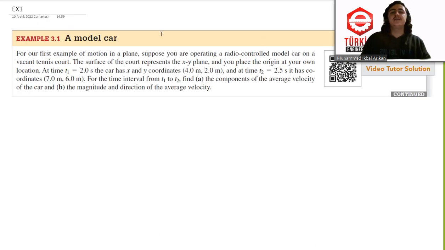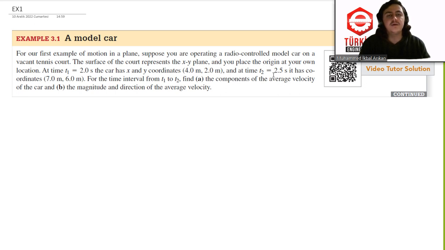Yes, in this example we are moving in the xy plane, okay, and you place the origin at your own location. So at time t1 equal to 2 seconds, the car has x and y coordinates of 4 meters, 2 meters. So that means your x coordinate is 4 and your y coordinate is 2 meters.